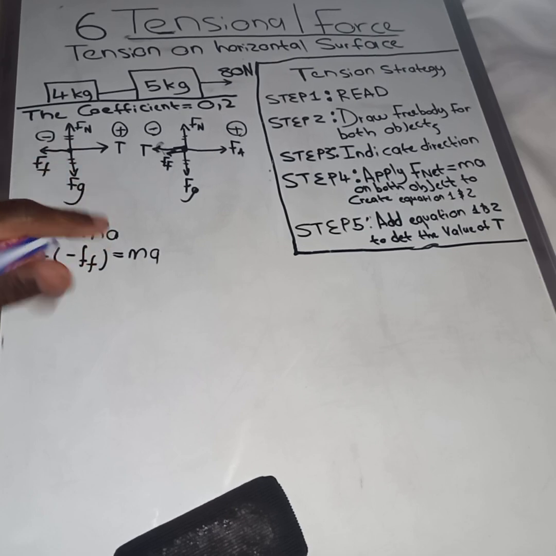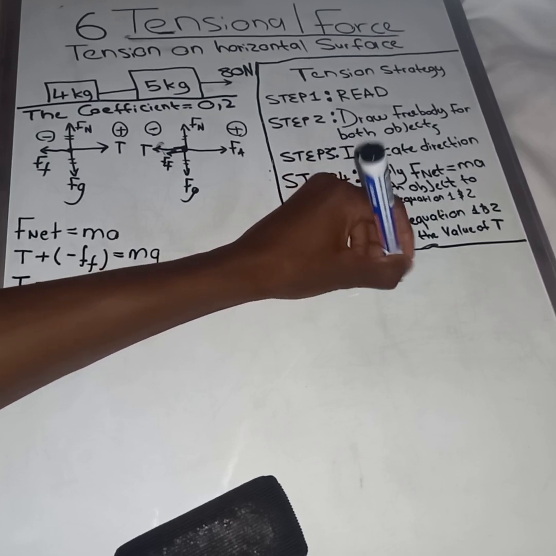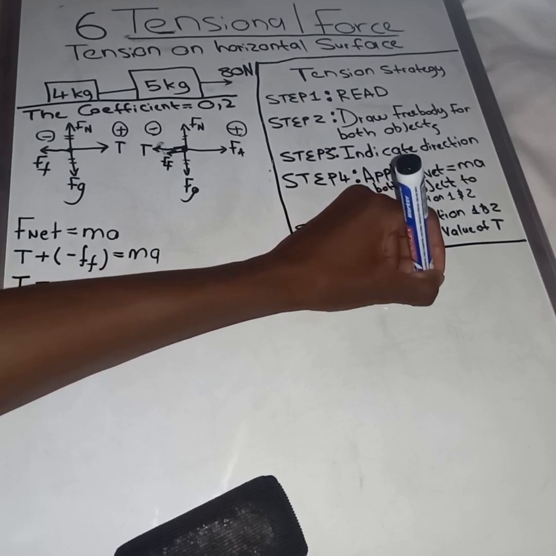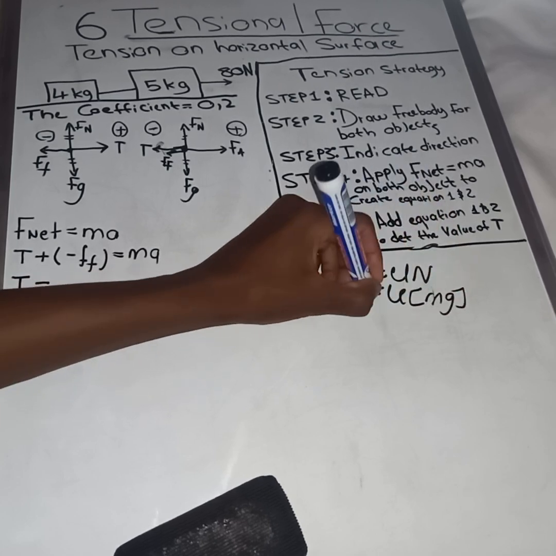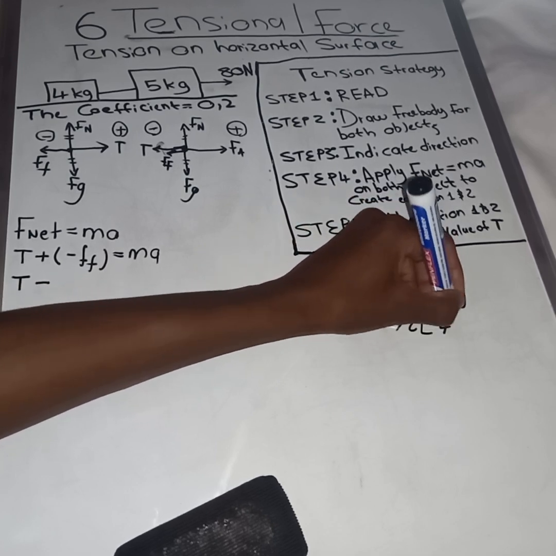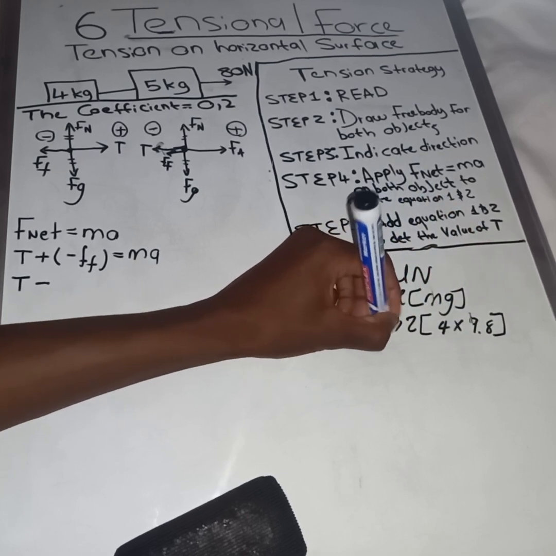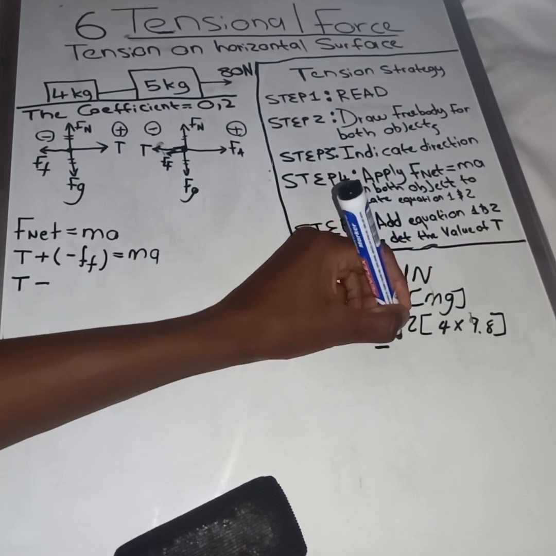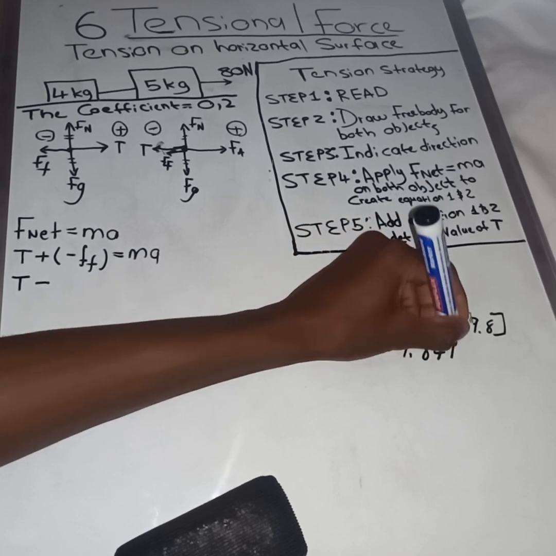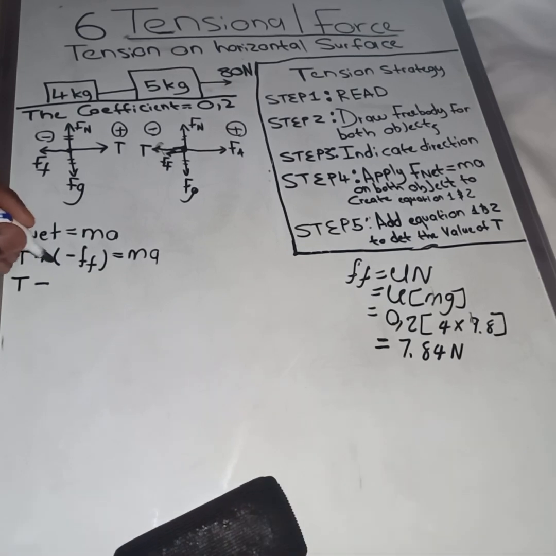So we have to calculate the value of friction. So the value of friction is 7.84 Newton.